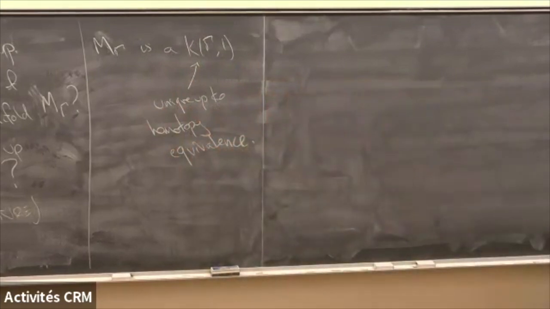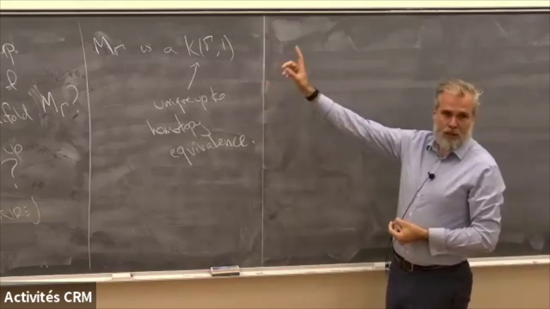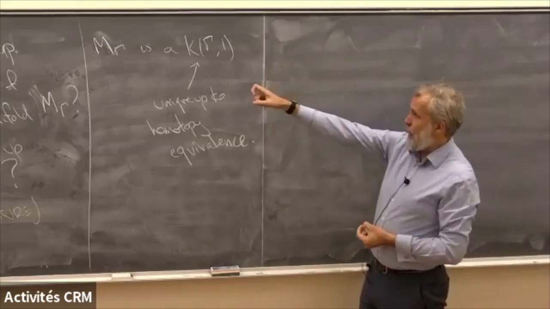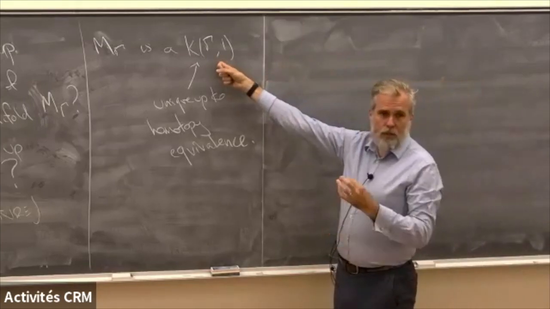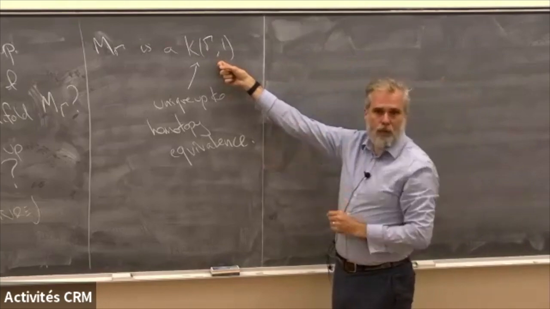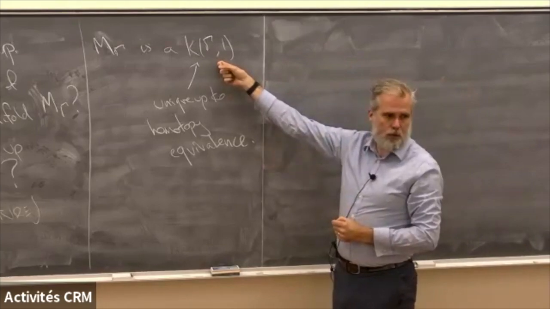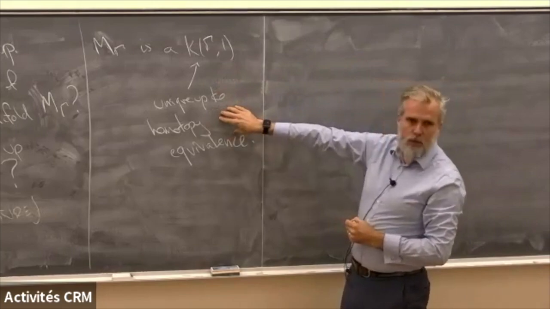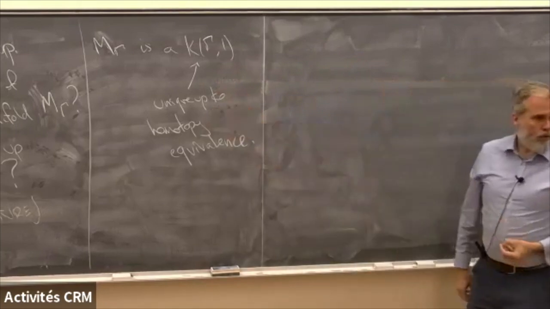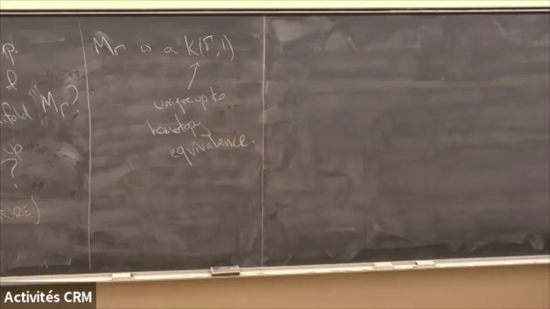In fact, if I have a map between 2 of these things, the homomorphism on fundamental group tells you the homotopy class of map. So it's not just that the space is unique up to homotopy equivalence. It's really functorial from groups to spaces up to homotopy equivalence and maps up to homotopy.